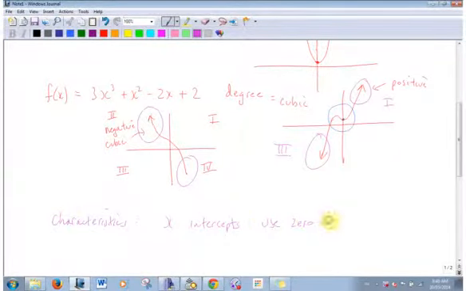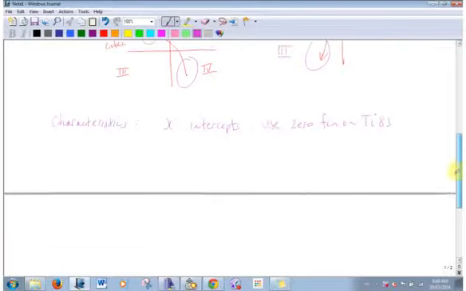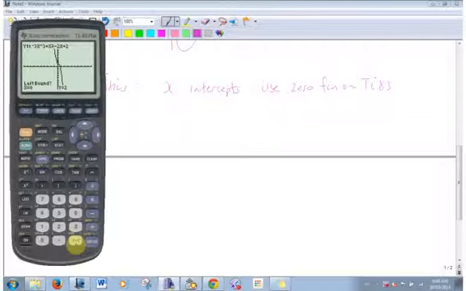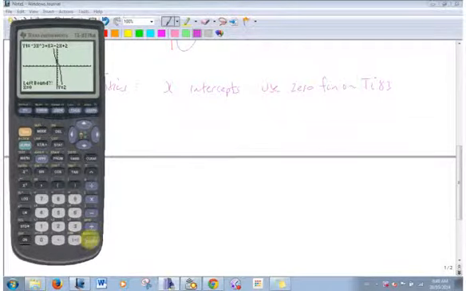I'll just say use the zero function on the TI-83 or 84 if you've got it. Should I do that one? Enter. And then you have to go left of the x-intercept. It's left of it. Enter. You have to go right of it. It's right of it. Enter. Guess. Yes, please.